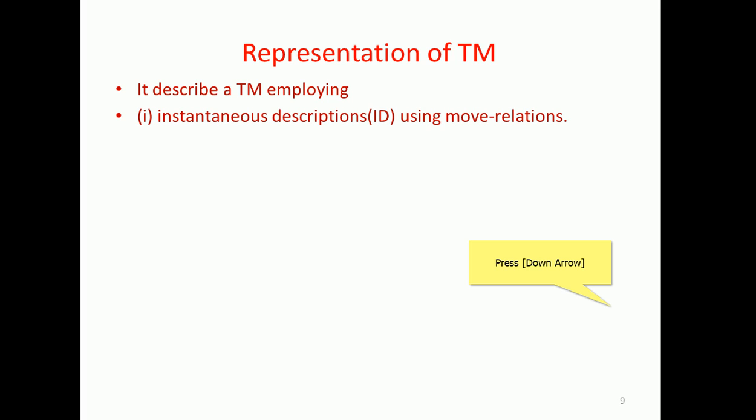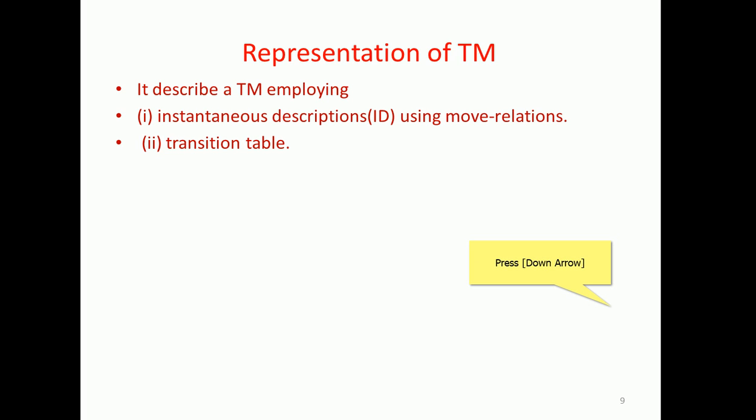The instantaneous description examines and tells about the future steps: the machine is currently at this stage and consumes certain inputs, and after this, which is the next state? That kind of description is narrated with the help of this notation, called instantaneous description, for the possible move relations adopted in most Turing machine models.